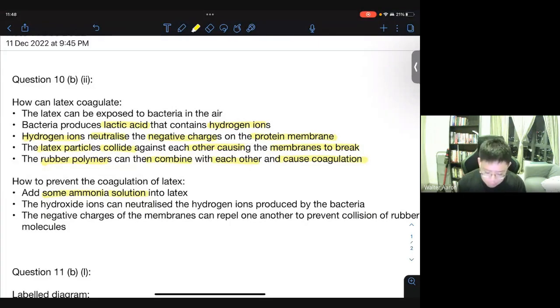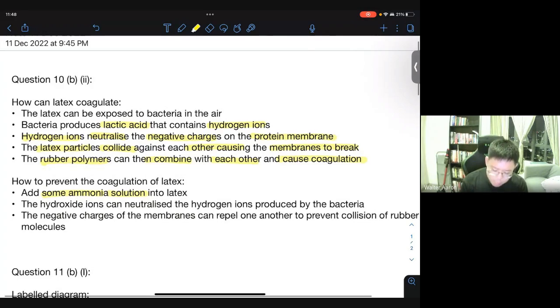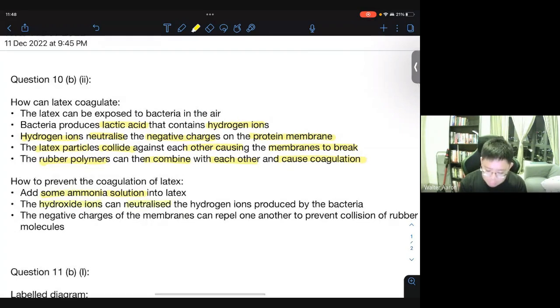coagulation of latex? The hydroxide ions from the ammonia solution can neutralize any hydrogen ions that are produced by the bacteria. If the hydroxide from the ammonia can neutralize the hydrogen ions from the bacteria, then the negatively charged protein membranes on the rubber molecule will not be neutralized. Once they stay negatively charged, they'll repel one another.